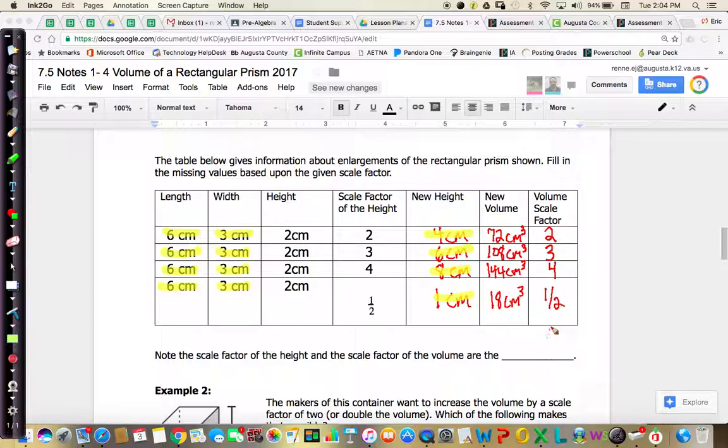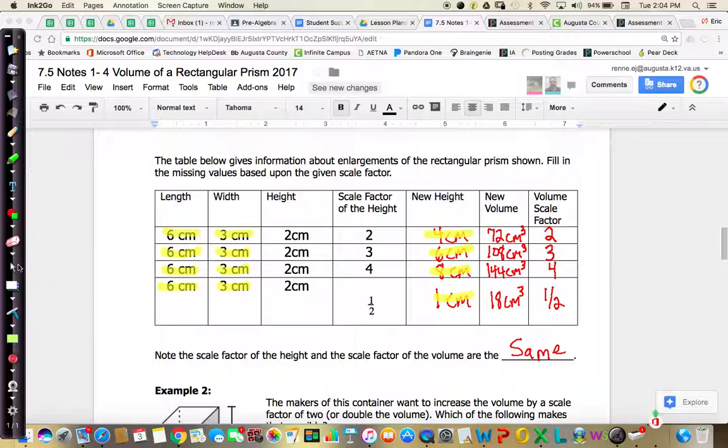So hopefully you notice that the volume scale factor and the scale factor of the height were both the same. So note the scale factor of the height and the scale factor of the volume are the same. And we actually said that at the top of the page.